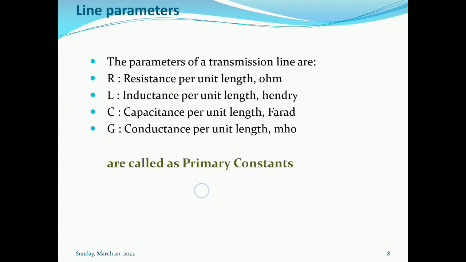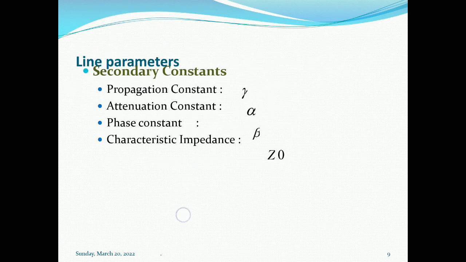These parameters are called primary constants, which we already discussed in the previous slides. Next, the secondary constants of the transmission line are the propagation constant and characteristic impedance. Propagation constant is denoted by the symbol gamma, and characteristic impedance is denoted by Z0. These two parameters are called secondary constants.